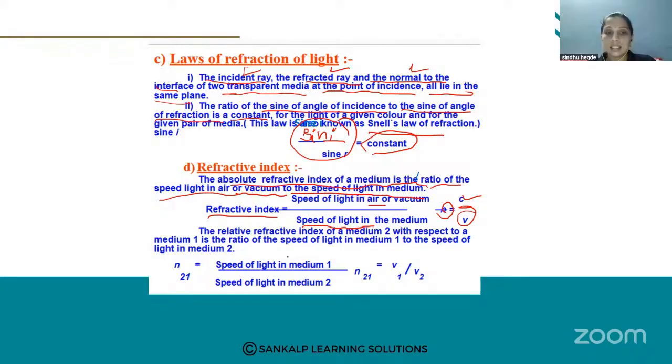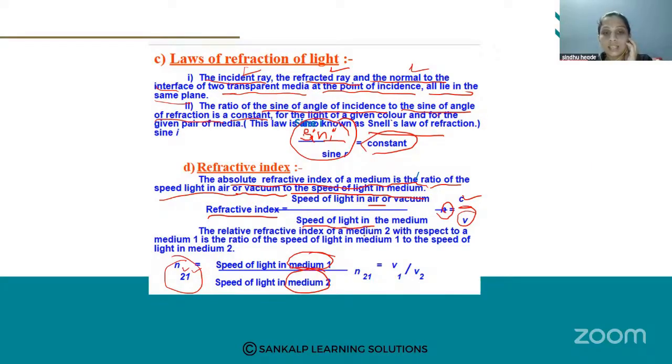Again, here some medium is considered as medium 1 and another one is considered as medium 2. This time the formula becomes N21, where 2 is the second medium and 1 is the first medium.